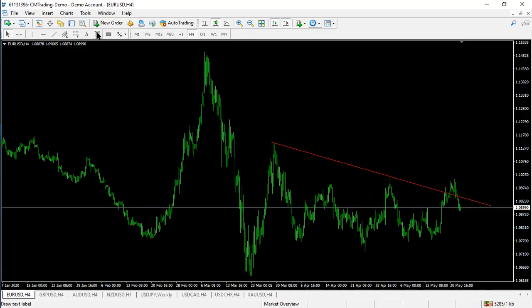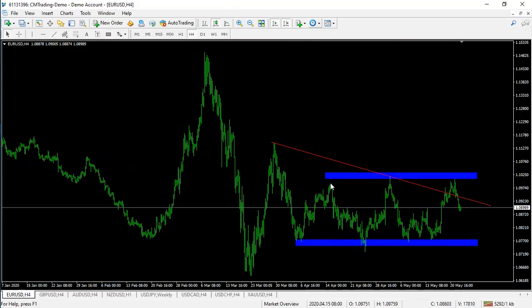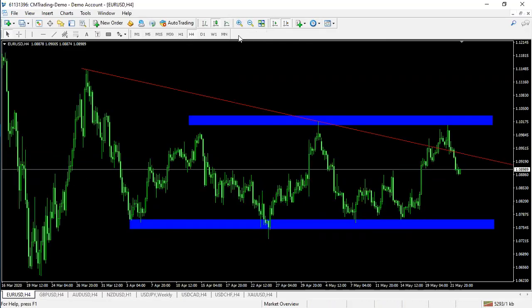We have that trend line. Then we have this supply and demand zone around here somewhere. See that? Then we have this point somewhere here. I think we can go for the bigger one to make it easier. So we have this.